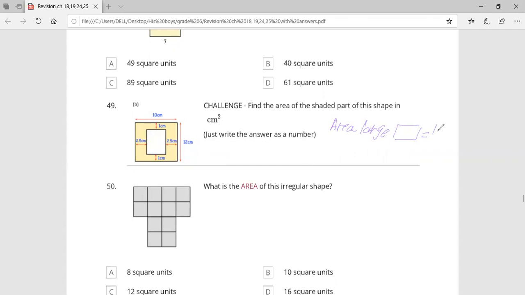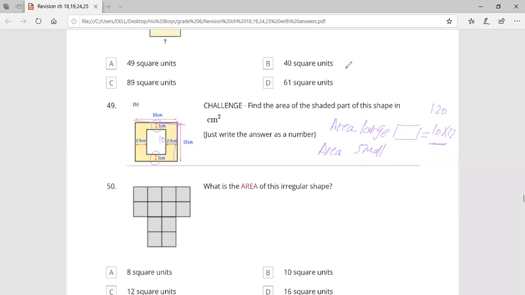It's going to be 10 multiplied by 12. 10 multiplied by 12 equals 120, and the area of the small rectangle. Here we have a problem. Here is 12, and cut 1 and also cut 1.